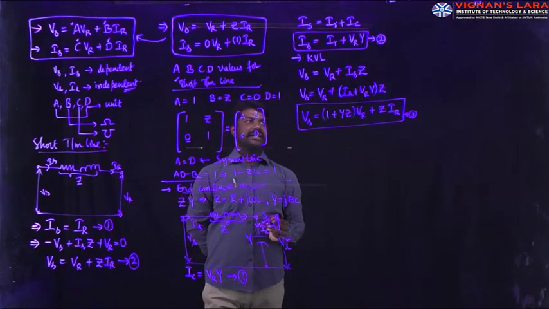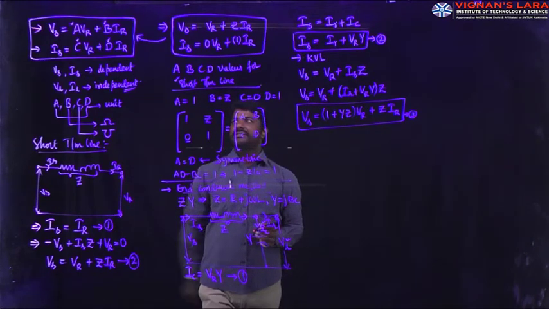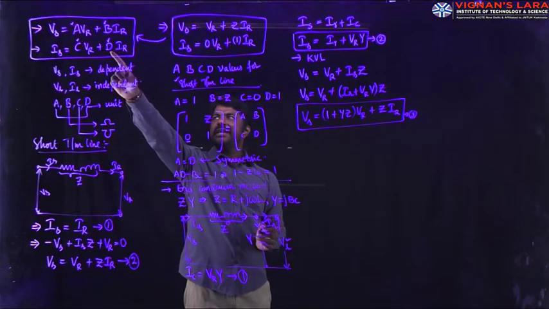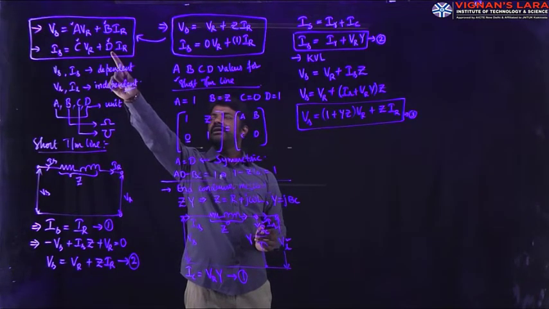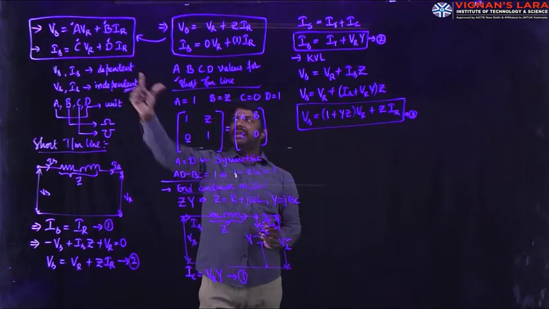Observing these VS and IS equations, equations 2 and 3, with respect to our transmission line equations of a two-port network, the ABCD constants are identified.